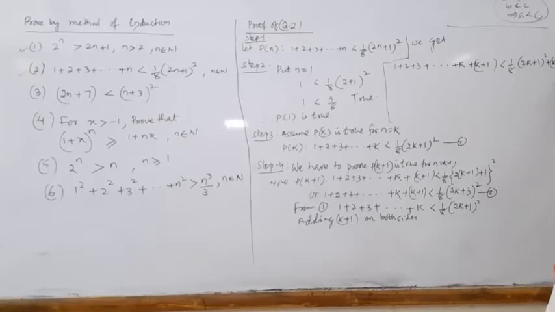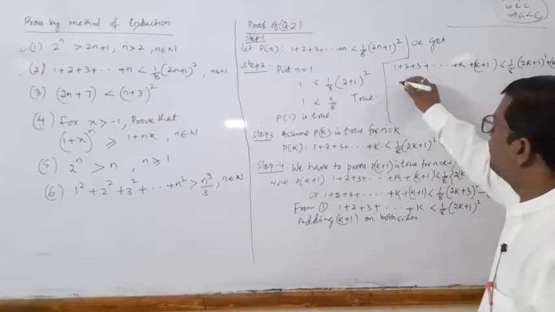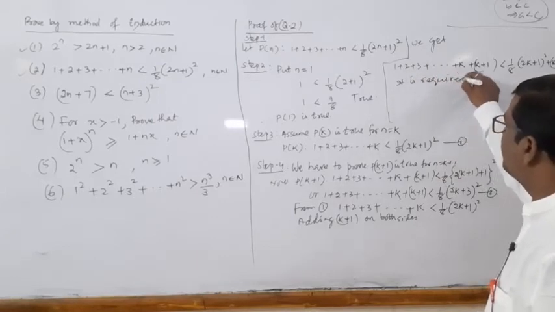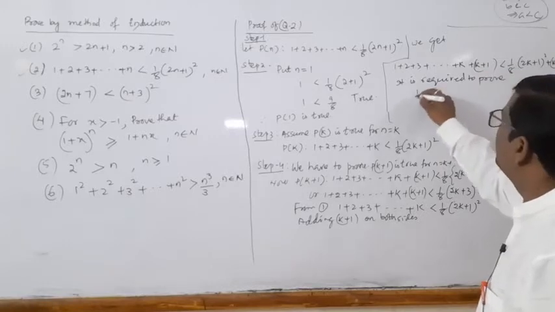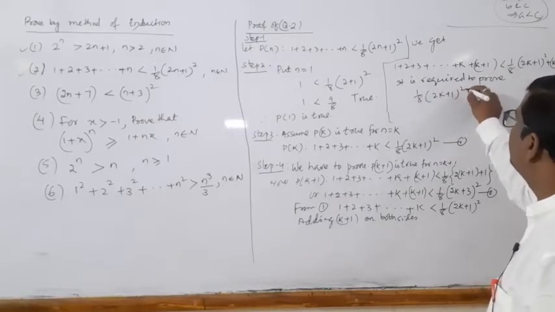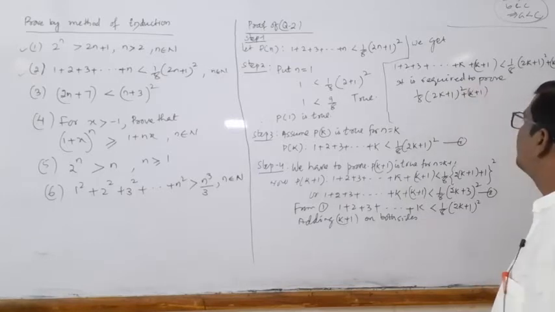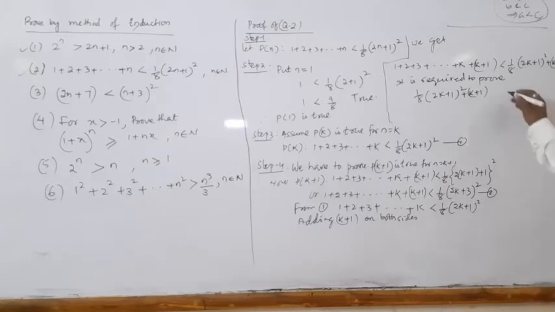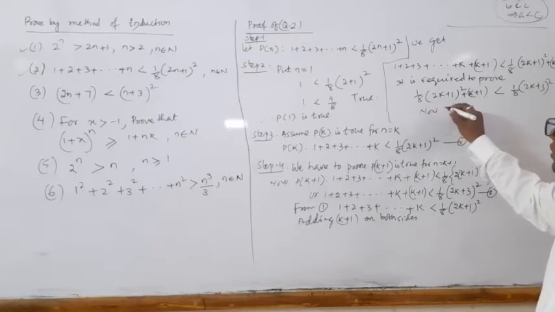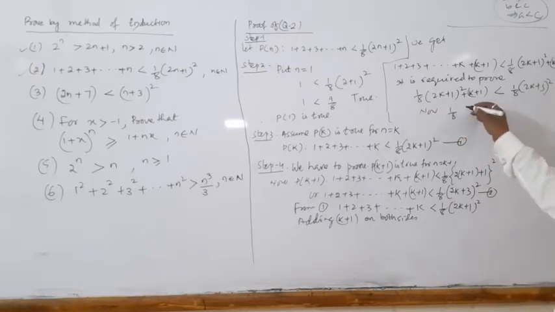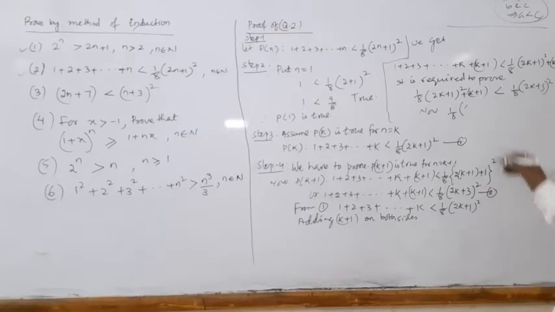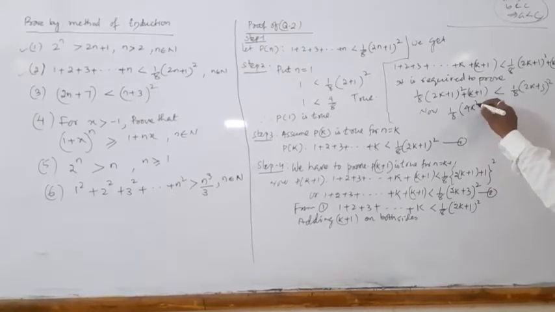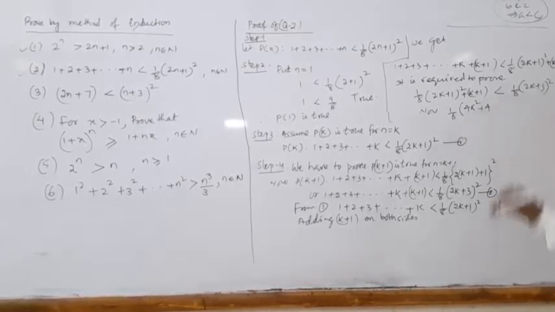Suppose this is inequality 3. It is required to prove 1 by 8 (2k plus 1) whole square plus k plus 1 is less than 1 by 8 (2k plus 3) whole square.